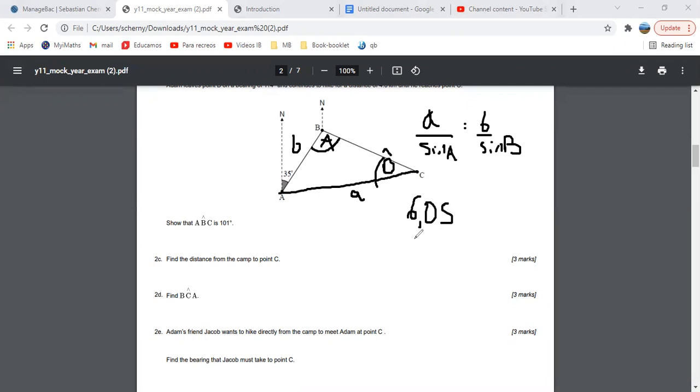So if A is 6.05 in kilometers, everything will be in kilometers, over the sine of angle A, which is angle ABC, so 101 degrees. This will be equal to the side B, which we already know is 3.15, again in kilometers, divided by sine of the angle that we don't know.